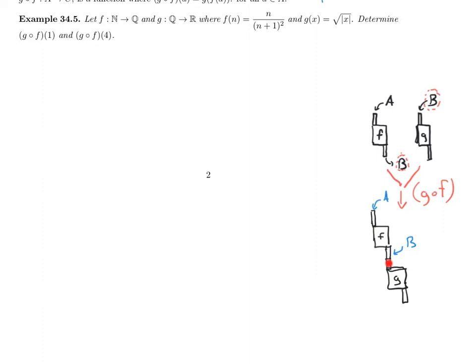G accepts inputs from set B, so you're good to go, and it outputs something from set C. So this machine here, we can just put a big box around it and call it the composition. So that's what's going on. You're just kind of hiding it in a big box, and you're calling this G circle F. That's the name of our new machine. So that's how the composition of two functions works as the idea of it.